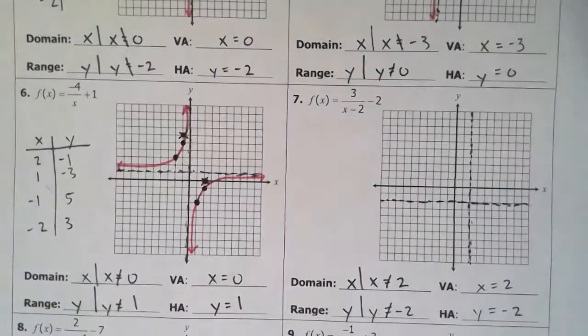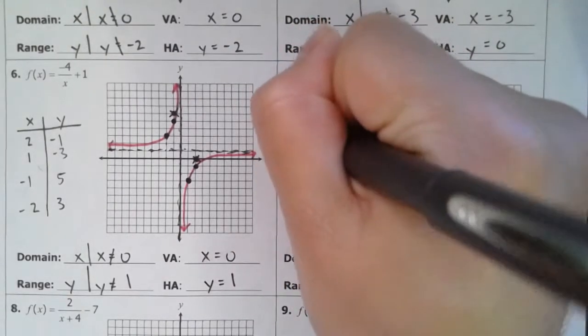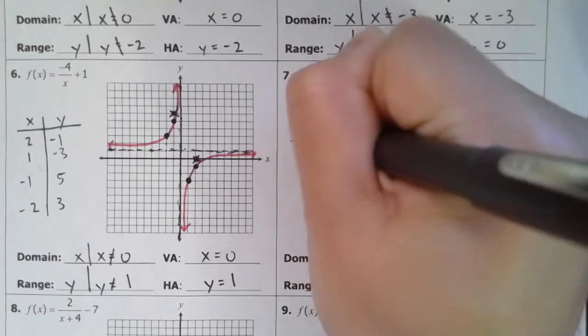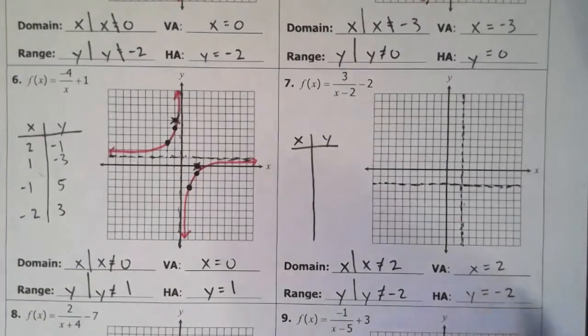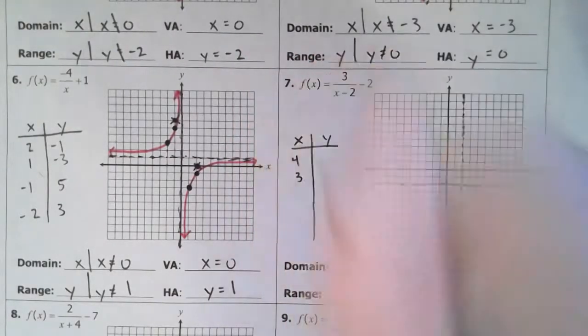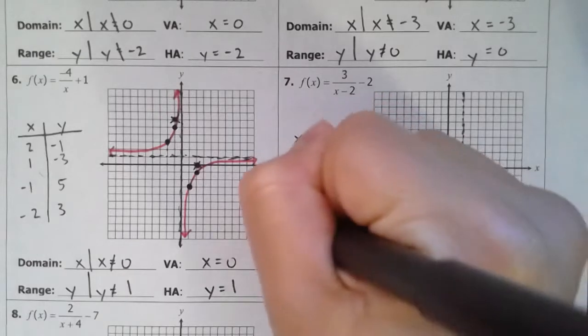So those are where my asymptotes are there. So then my table, because I'm at +2, I'm going to plug in 3 and 4, and then I'm going to plug in 1 and 0.